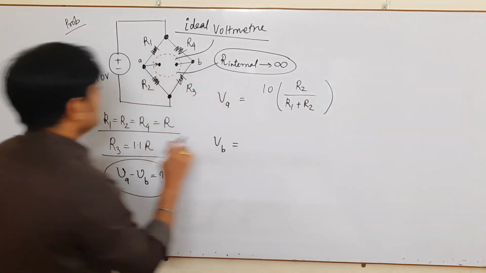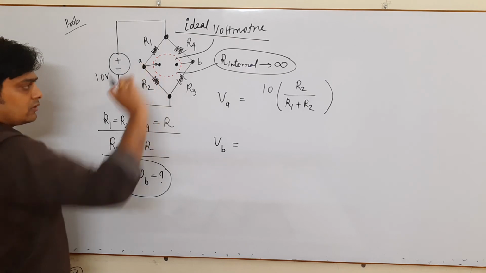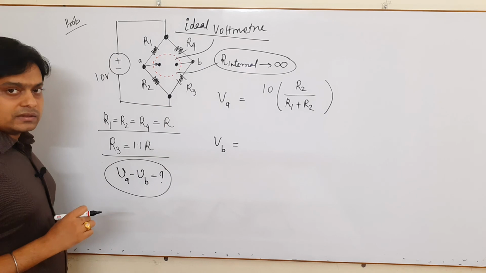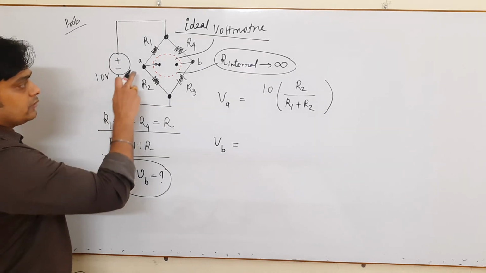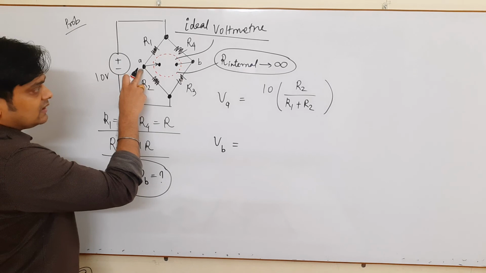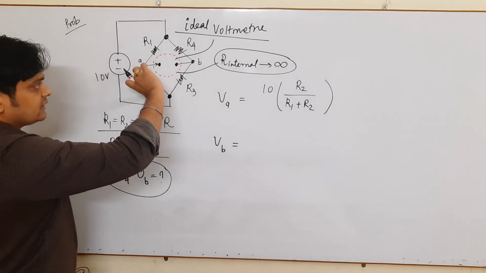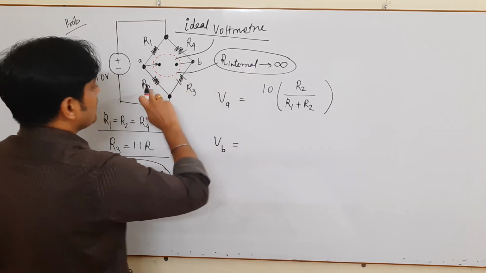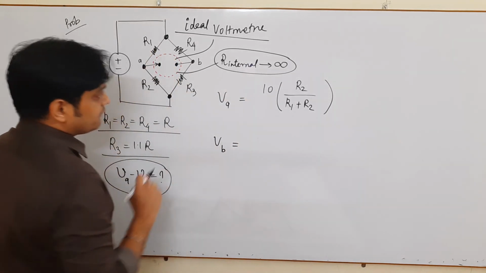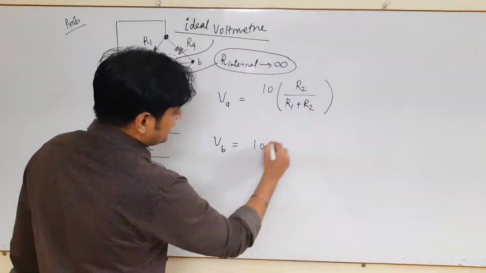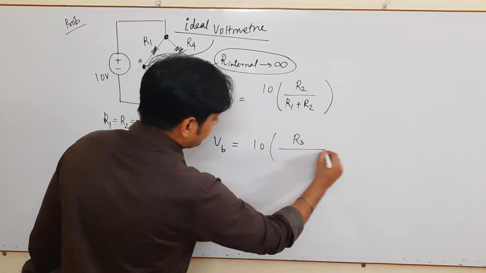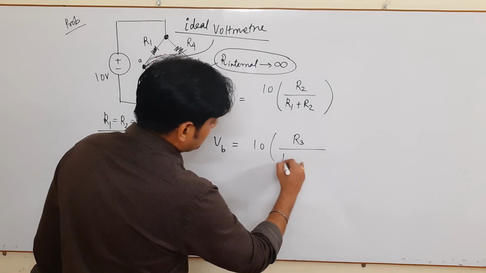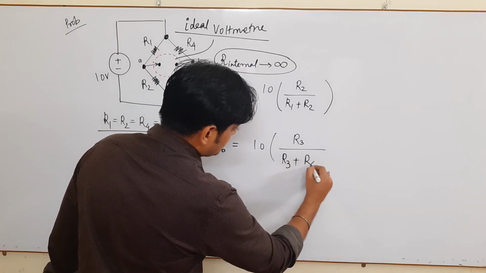VA is the voltage across resistance R2 and VB is the voltage across resistance R3. So VA is this voltage into this resistance upon the sum of these two resistances, that is 10 into R2 upon R1 plus R2. Similarly, VB comes to be 10 into R3 upon R3 plus R4.